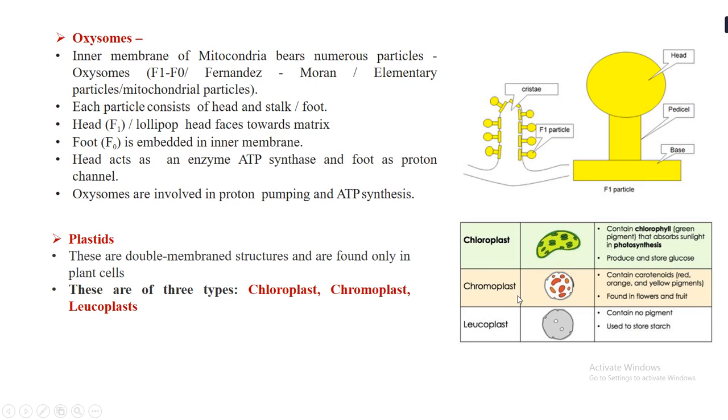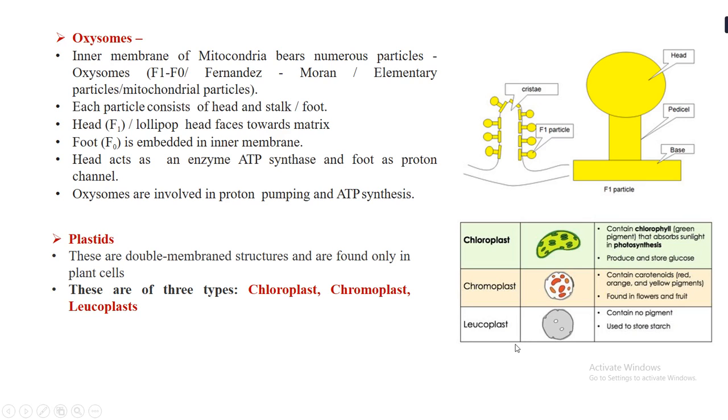Then comes the chromoplast. Chromoplast contains the pigment carotenoid, which is responsible for the red, orange, and yellow coloration, and it is mainly found in flowers and fruits. So the flowers and the fruits that appear red, orange, or yellow in color, it is because of this pigment carotenoid which is enclosed in chromoplast.